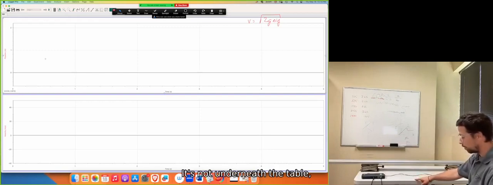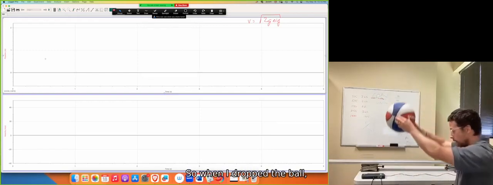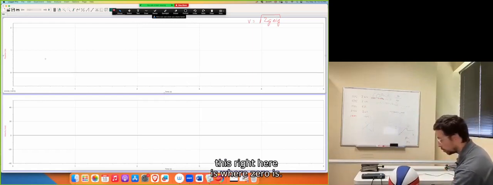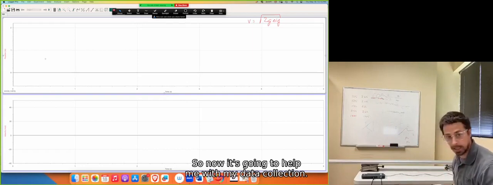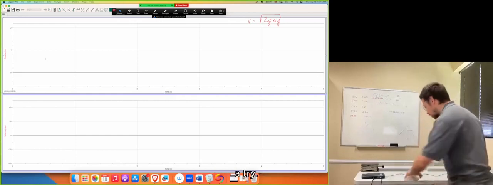So now the motion detector is on the ground, it's not underneath the table, but right in front of me. So when I drop the ball, the motion sensor says that this right here is where 0 is. So now it's going to help me with my data collection. Okay, let's give this a try.